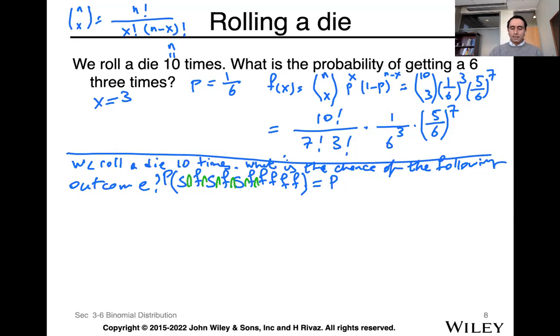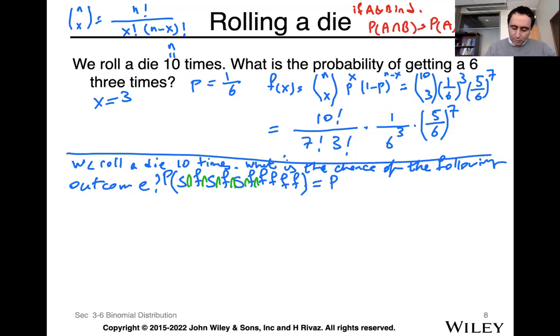And since I know that when I roll a die 10 times, the second roll is independent from the first roll, I'm going to use that easy equation that we had, that if A and B are independent, then P of A intersection B is simply P of A times P of B, right?